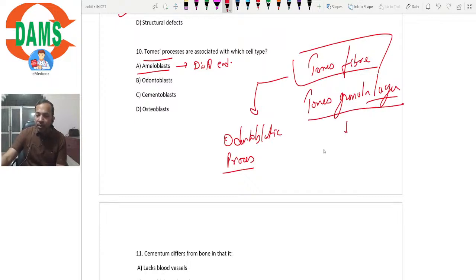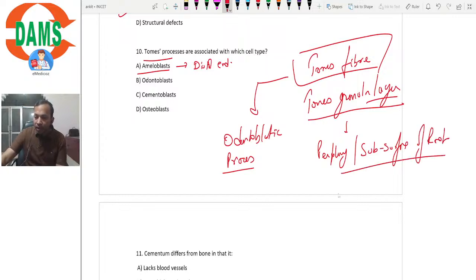Tome's granular layer is seen at the periphery or subsurface of root, that is approximately 20 microns deep from the surface of the root, and these are formed by the looping or the bending or the branching of the dentinal tubules, isn't it? So Tome's granular layer is nothing but the dentinal tubules which loop or bend or branch, and they are seen subsurface, that is 20 microns from the surface of the root.